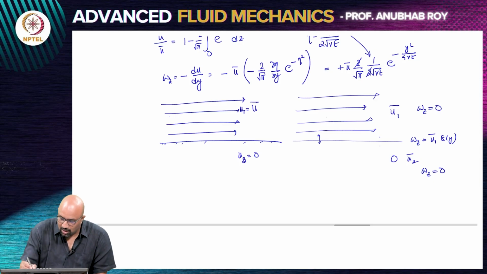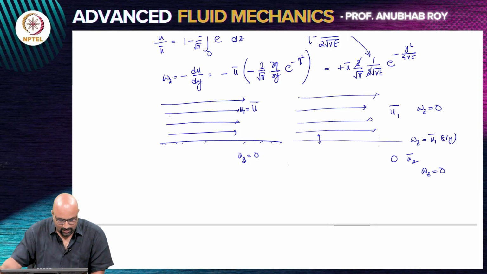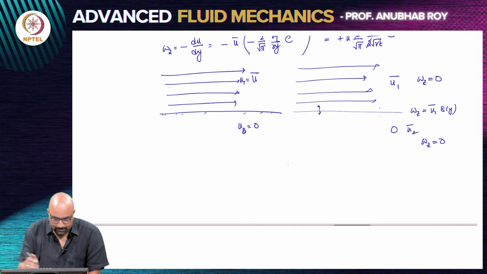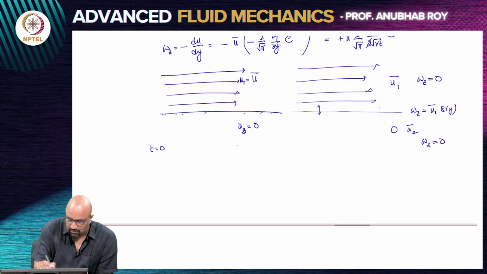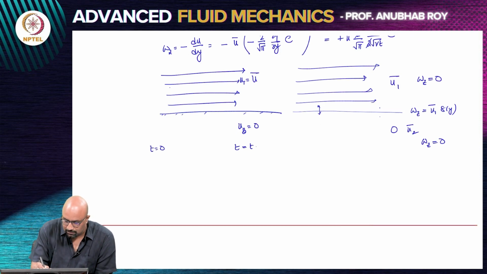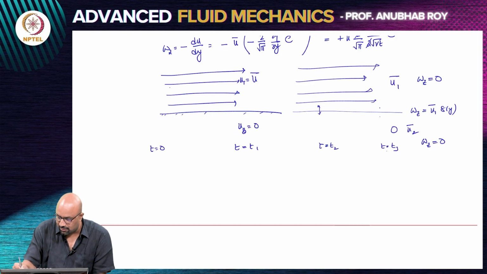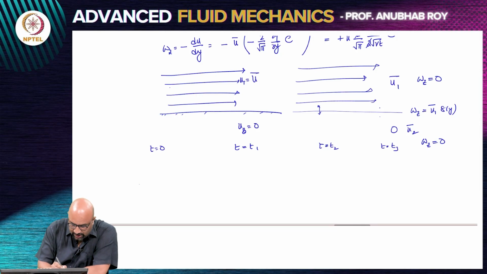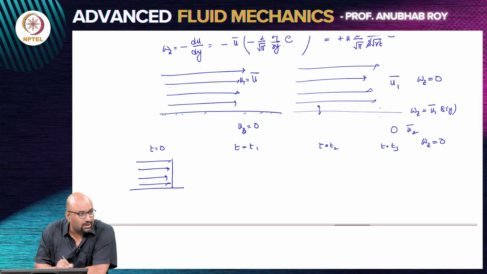So if you plot the velocity at different instants of time, so let me just clear a little bit. Yeah. So let's try to sketch what the velocity will look like at different intervals of time. So initially, the velocity has a discontinuity.